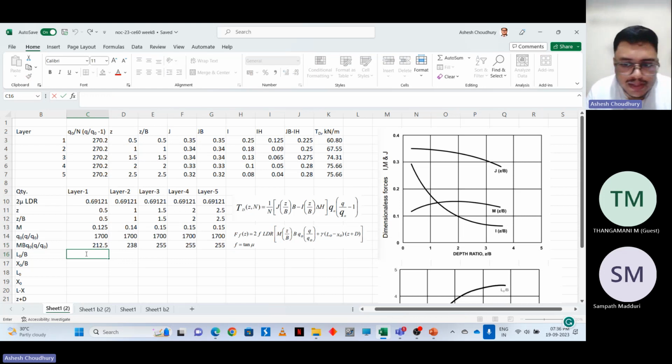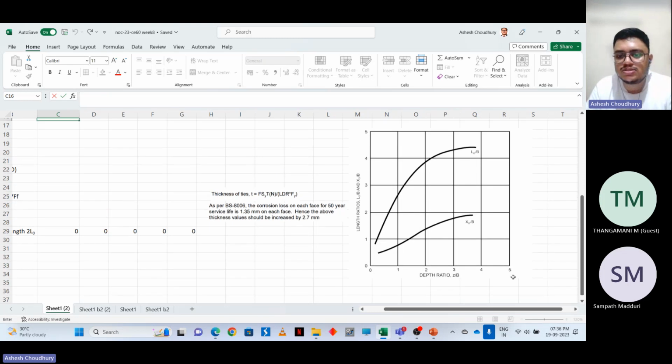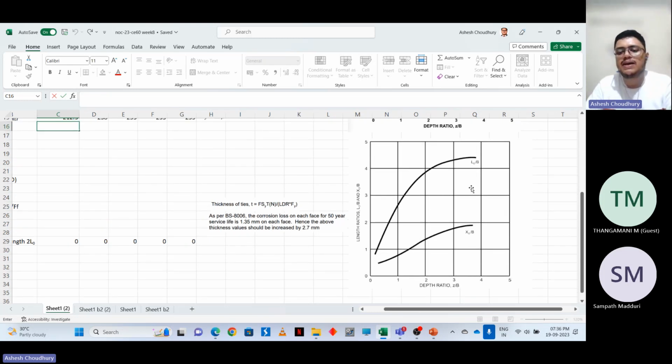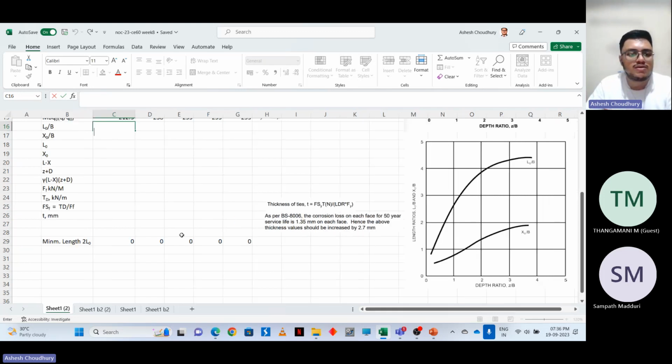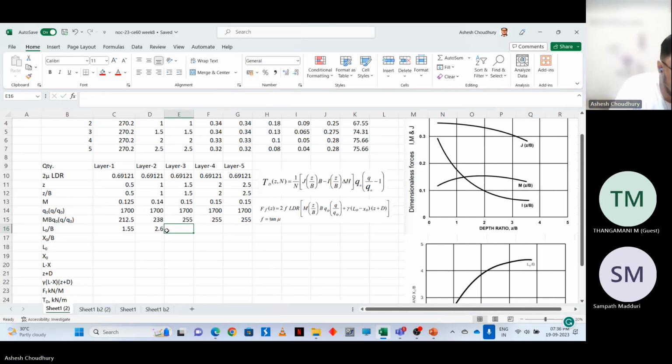Then what is L naught by B? This L naught by B, how can we get? If you recall, for that we need to use this graph. So for various Z by B, we can get L naught by B and X naught by B. So for Z by B 0.5, we have L naught by B as approximately 1.5, like that. L naught by B is 1.55, then 0.6, 3.4, 5, 4.2.